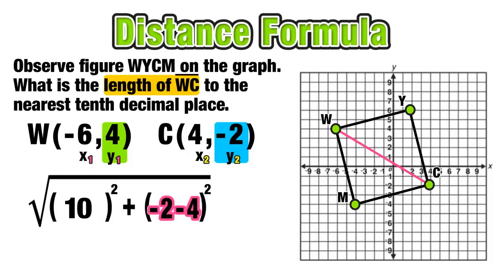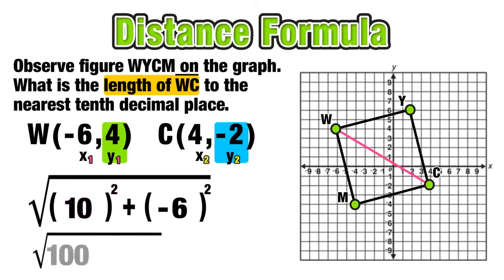And on the right side of parentheses, negative 2 minus 4 is equal to negative 6. Now the exponents, 10 squared is equal to 100, plus negative 6 squared is equal to positive 36. And 100 plus 36 is equal to 136. And now we just need the square root of 136, which is going to equal an irrational number.